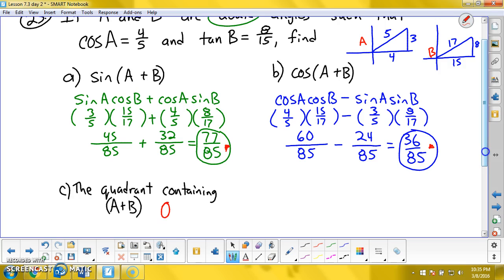So this is quadrant 1. And that's how we go about problem number 23.